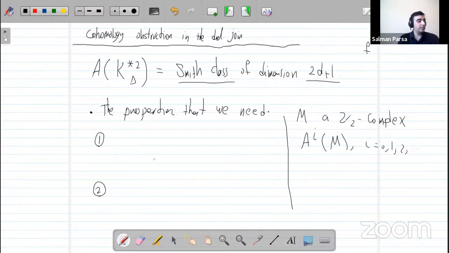But for now, the property that we want is for them to be stable under suspension.